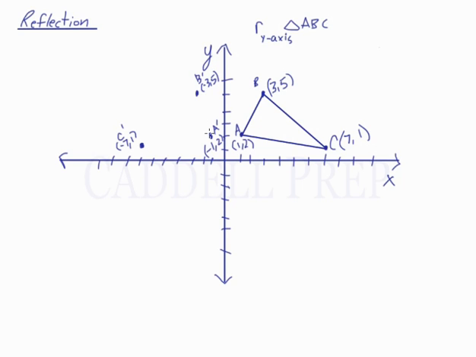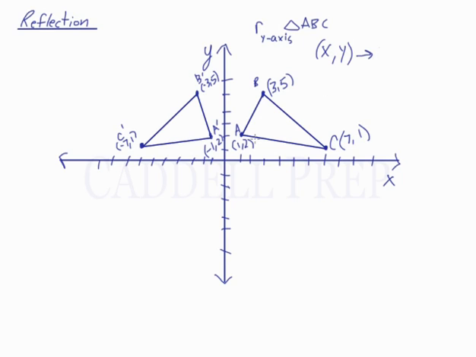Now let's just draw a triangle. And we end up with the reflection of ABC over the y-axis. Let's look at how these coordinates changed. So originally we had just coordinates x and y. So for example, 1 and 2.